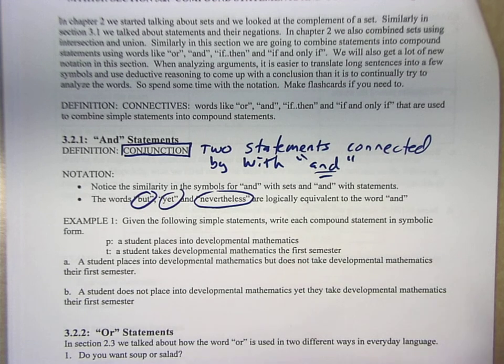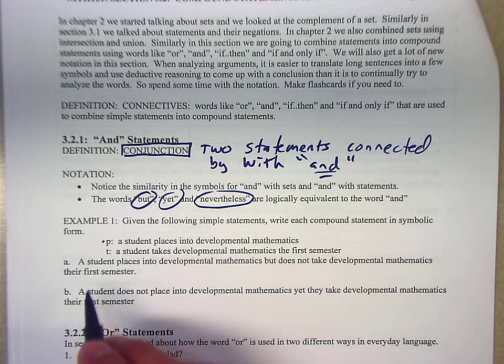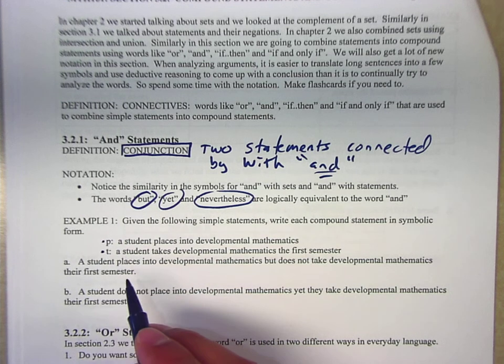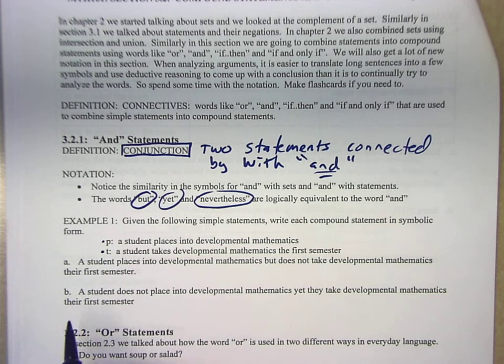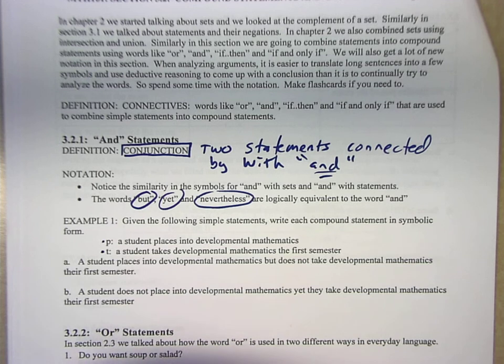So for the first example, they're going to tell us what P represents, what statement that is, and what T represents. Then they're going to mix some things around and have us write what that looks like symbolically.